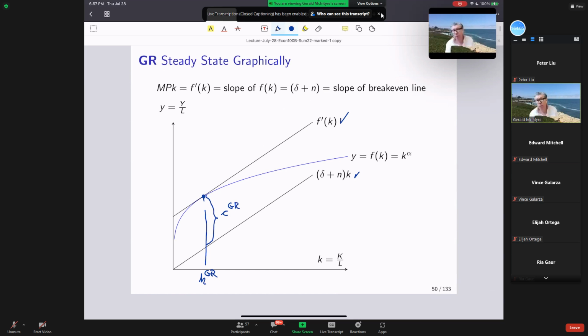And if you eyeball it, it will be. You can see way out here, consumption is the gap here. That's small. Consumption will be the gap here. That's small. This is the biggest consumption that can be fit under that curve. So that's one way of finding the golden rule, the maximum consumption.